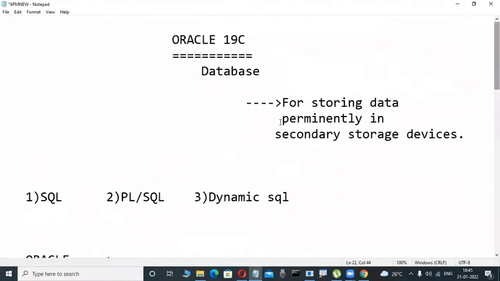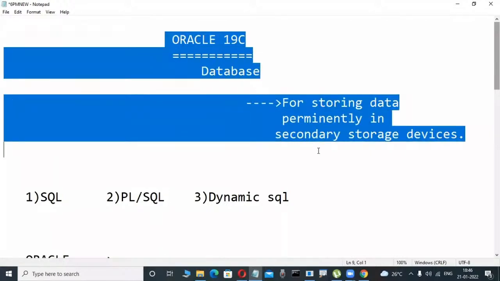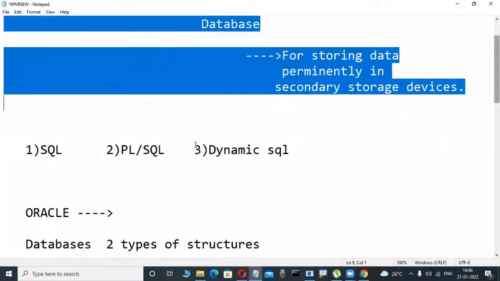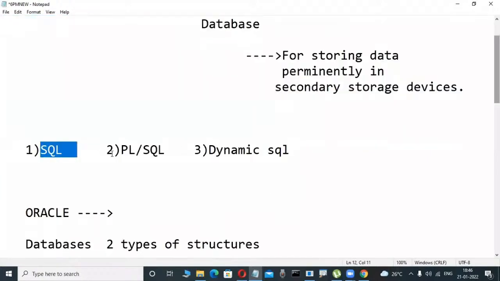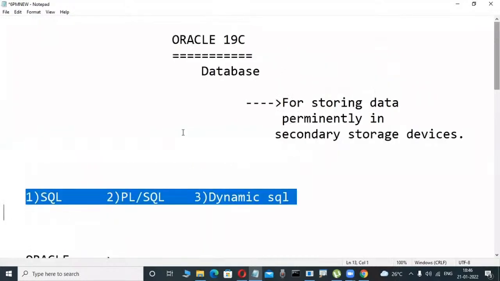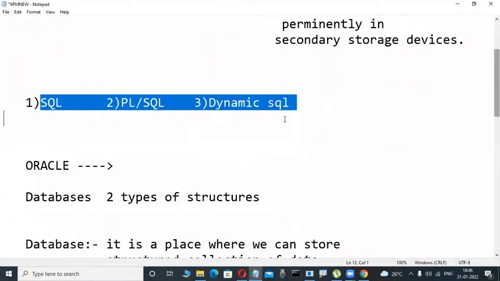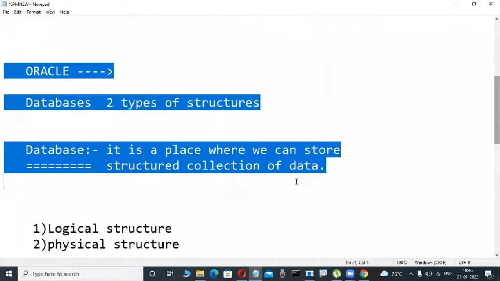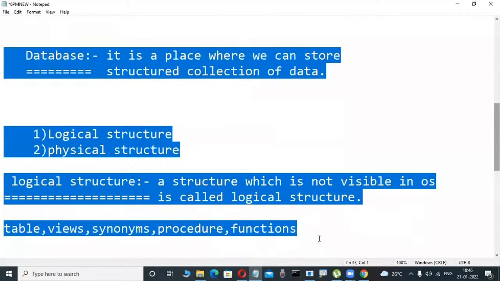The purpose of databases is not only storing data permanently, but also retrieving and fetching the data efficiently from some place. To operate this Oracle software, we use SQL, PLSQL, and dynamic SQL languages. Anywhere we learn an Oracle course, these three things are taught.